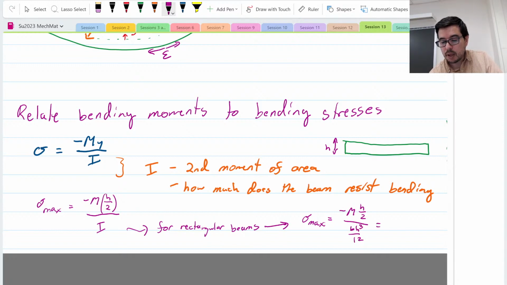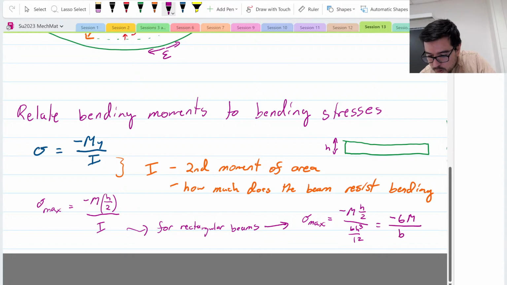This means that we get negative m, and the h's cancel. We get negative 6m over bh squared. I want to make sure that this 6 and this b do not look the same.